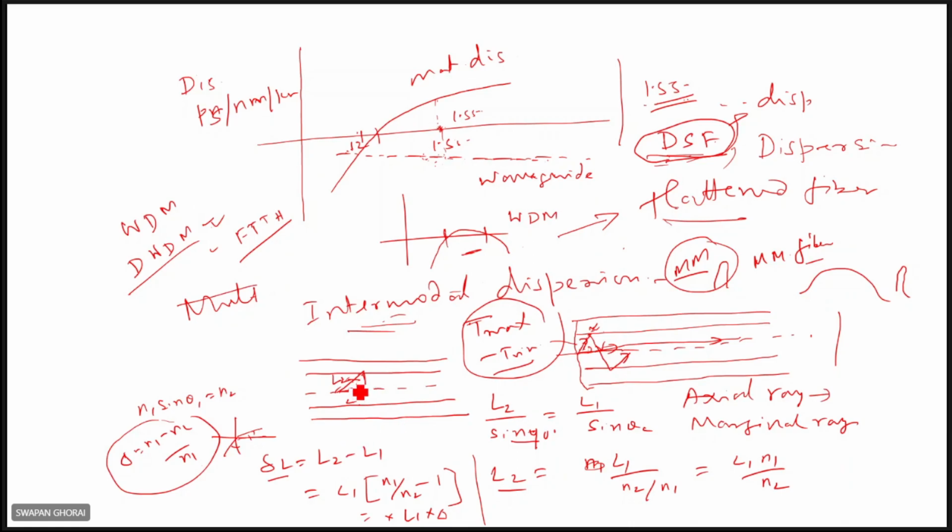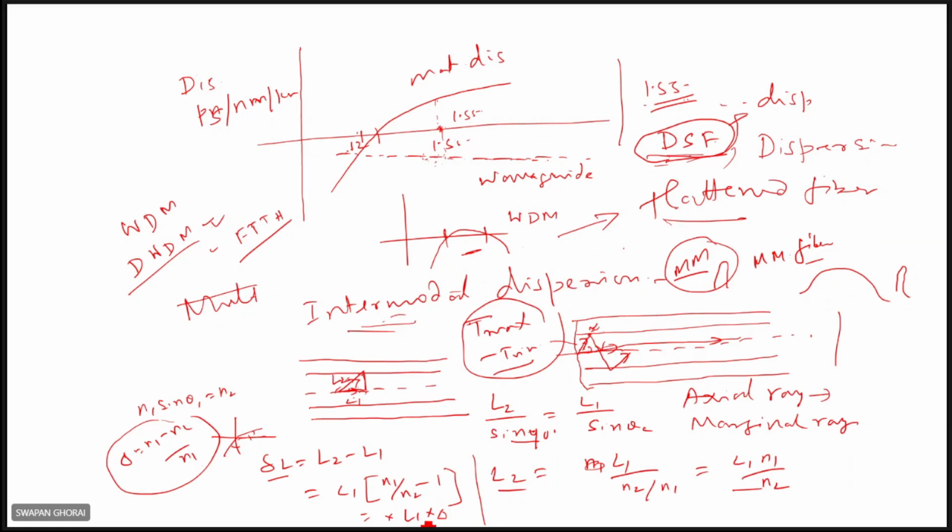From the geometry, if you consider this triangle, this is L1 in the axial direction, and this ray having some angle with the axis is L2, this path. So L2 minus L1 will be the length difference, delta L. If you consider the trigonometric relations, then L2 can be expressed in terms of L1. So L2 minus L1 is L1 into delta.